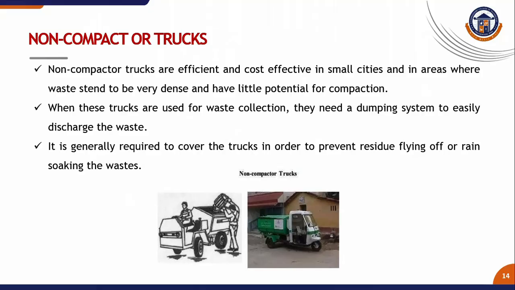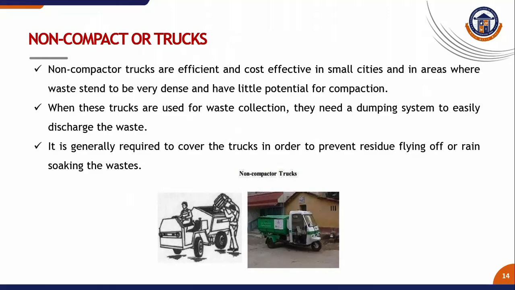Non-compactor trucks. Non-compactor trucks are efficient and cost-effective in small cities and in areas where waste is very dense and has little potential for compaction. When these trucks are used for waste collection, they need a dumping system to easily discharge the waste.